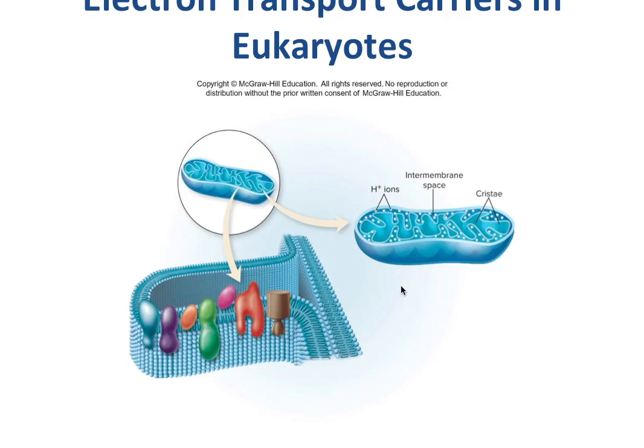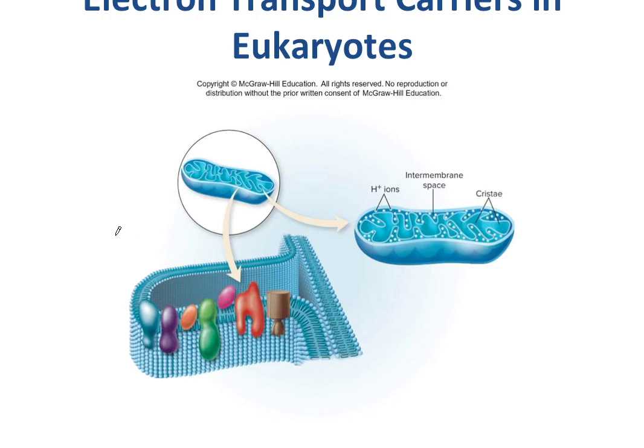So for the eukaryotes, okay, eukaryotes release energy in the mitochondria, okay. So this is the structure of mitochondria. So actually, the cytochrome exists on the cristae, okay.